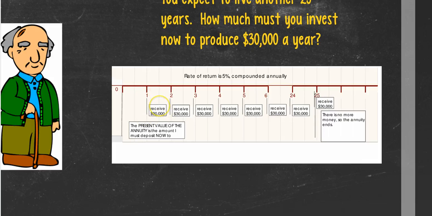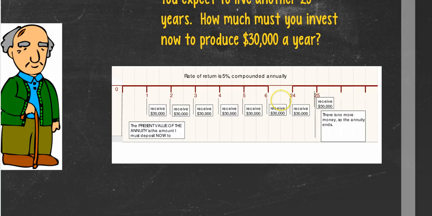So now there's going to be a little bit less left, isn't there? And whatever there is left, we'll add 5% interest to, going into the second year, and then we'll take out another $30,000. We're going to take out $30,000 every year through year 25. At the end of year 25, this process ends, and there's not going to be any money left.